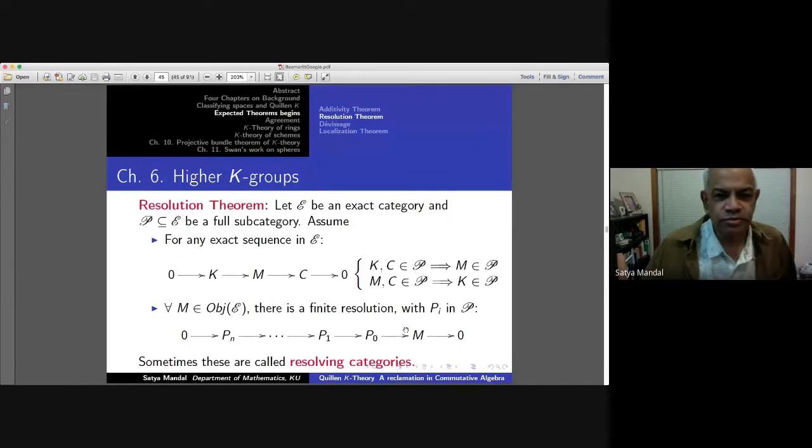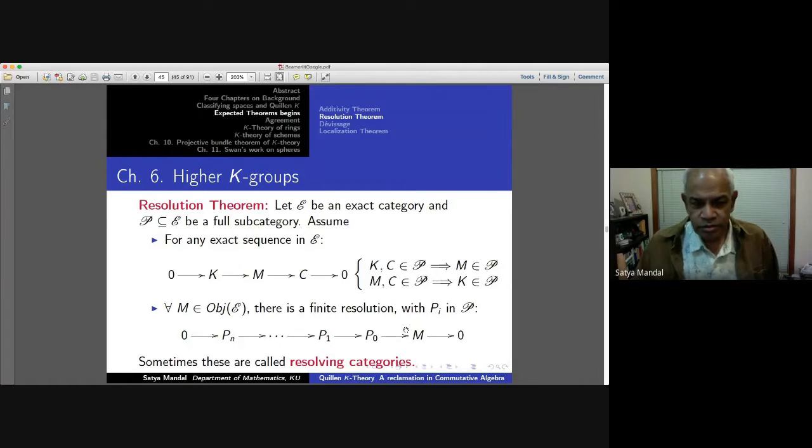So now suppose I have an exact category E, and P a full subcategory, okay? Basically, I'm thinking of the category of coherent modules or finitely generated modules over a ring, and I'm thinking of projective modules. And that has certain properties.